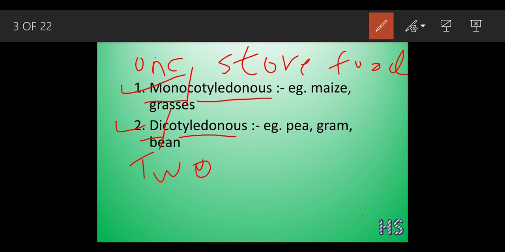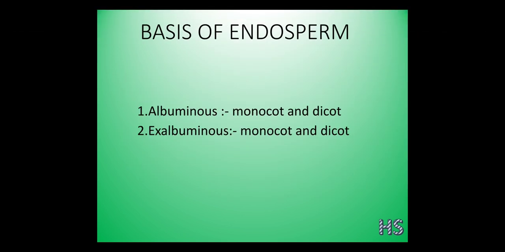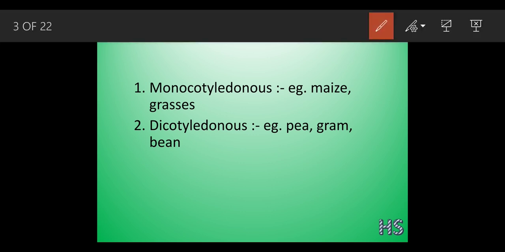Okay, let's understand by looking at an example diagram. See, monocotyledon: if you look at the maize, how does the maize look? Like this, a bit rectangular. And how does a bean or a pea or gram look?